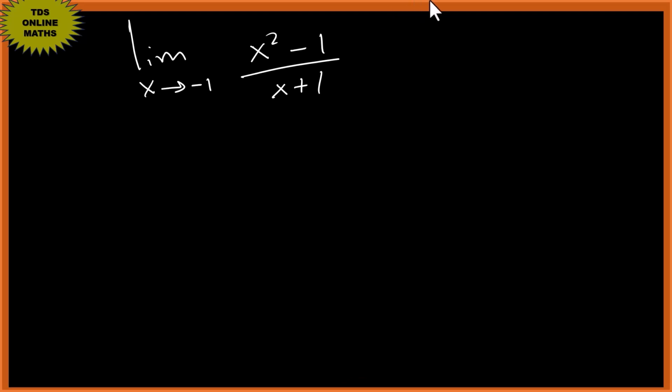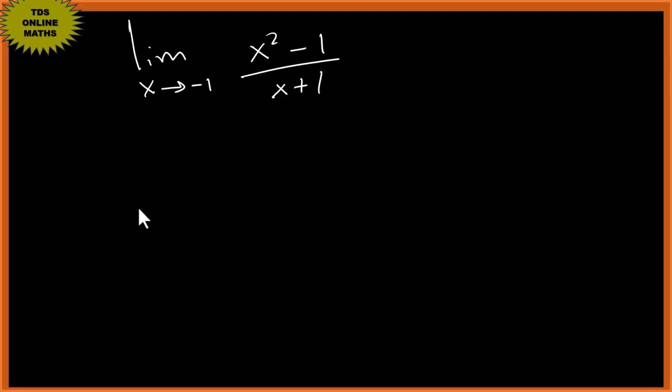All right, let's evaluate this limit. So if I plug in -1 here, this one will be 0, and this side also goes to 0, so it is undefined. So let's arrange this well.